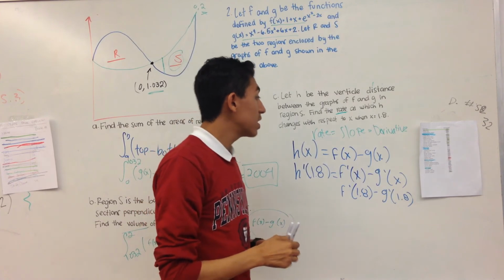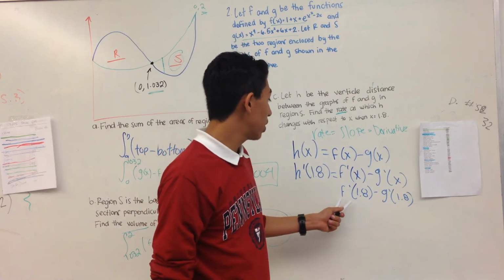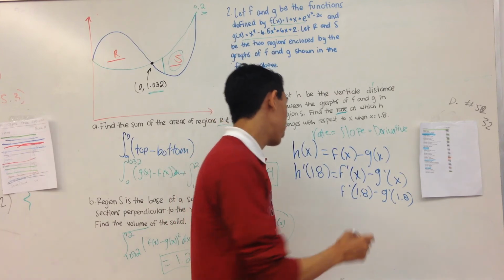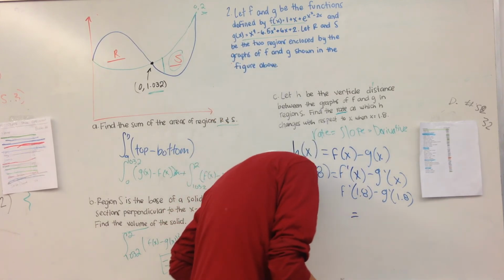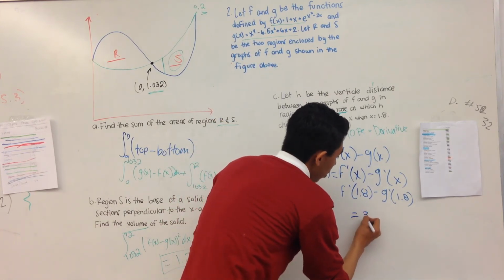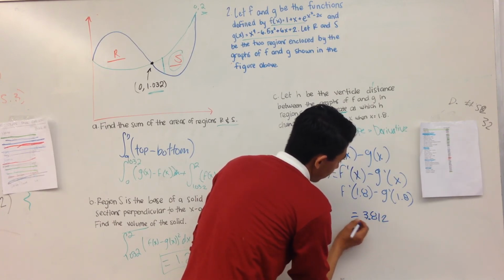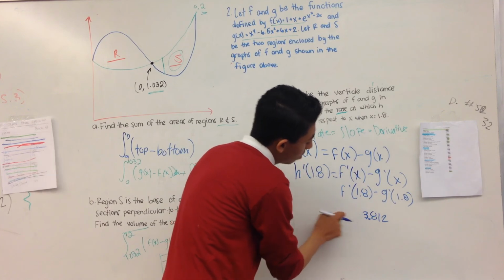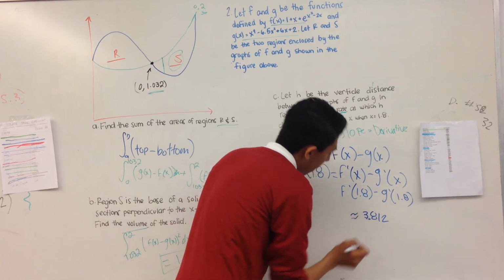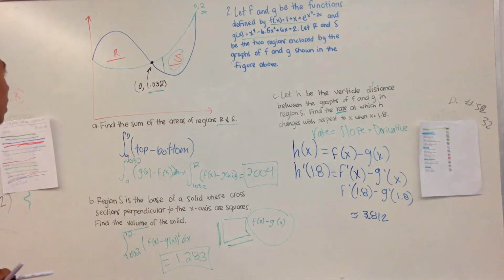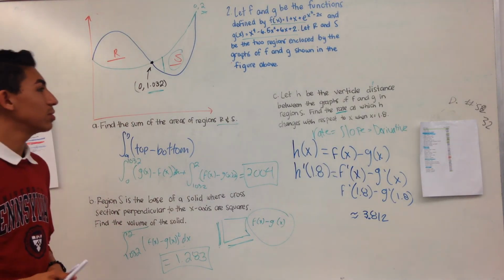If you plug this into your calculator and correctly input 1.8 as your derivative, your answer would ultimately be 3.812, or actually an estimate. And that's basically how you would do number 1.